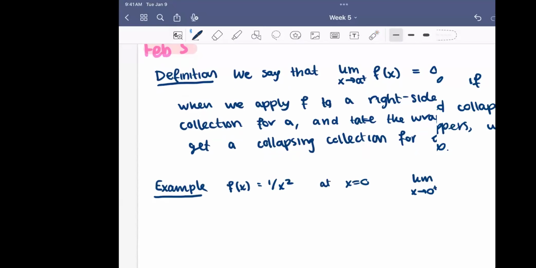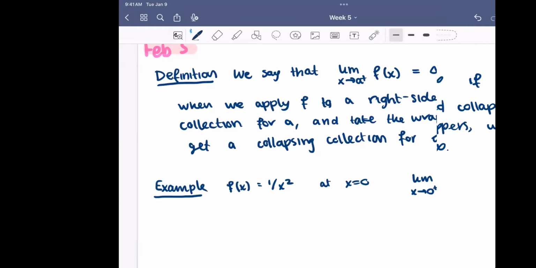Of course this function isn't defined at 0, but we can still ask what the function is doing as we get closer and closer to 0. We're putting really, really small numbers into x squared, and so 1 over that number is going to get really, really big. So we might guess that this is going off to infinity as we put in smaller and smaller values for x.